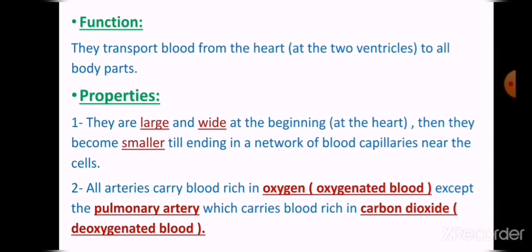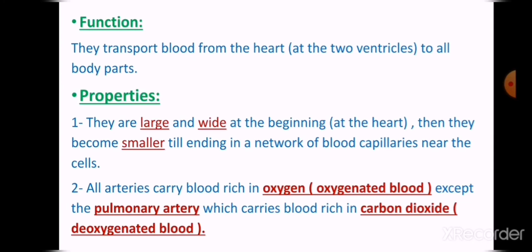And you have to know that all arteries carry blood rich in oxygen gas, which is called oxygenated blood, except the pulmonary artery, which carries blood rich in carbon dioxide gas.